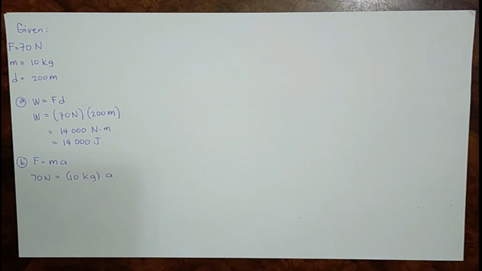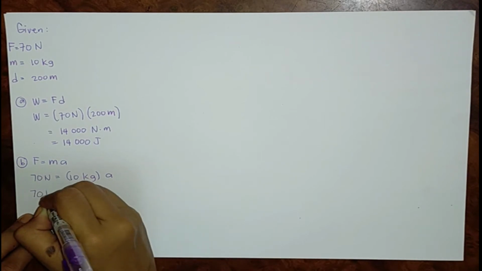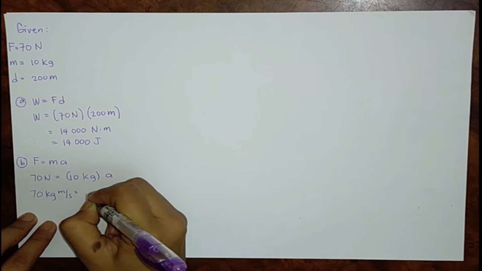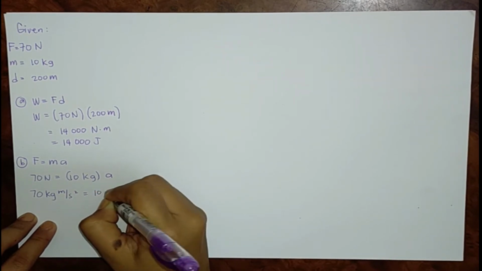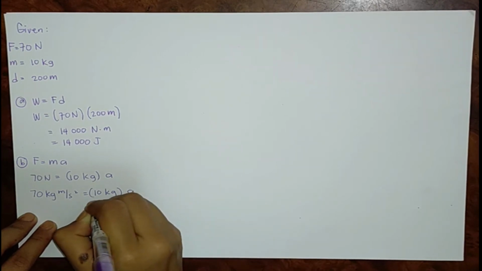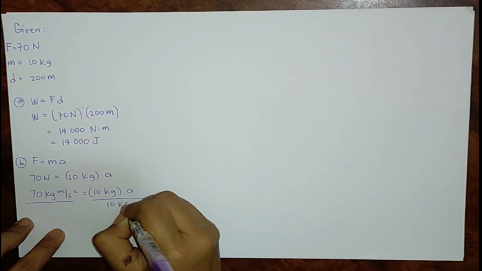In order for us to get the value of acceleration, we have to first expand the unit for newtons. So this is 70 kilogram meters per second squared equal to 10 kilograms times a. Then let us divide both sides by 10 kilograms.